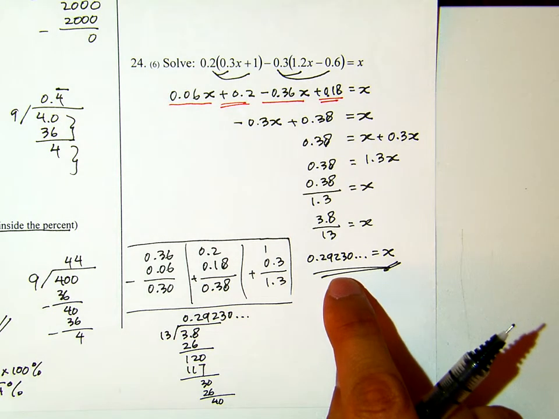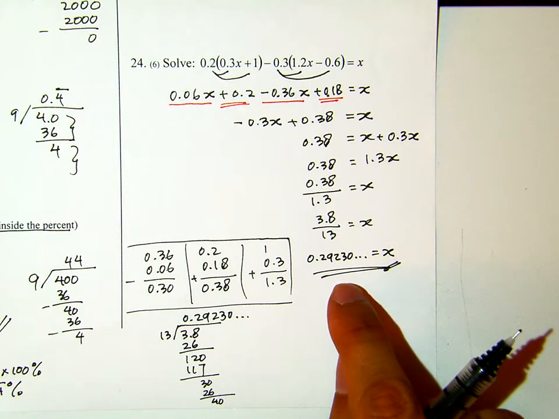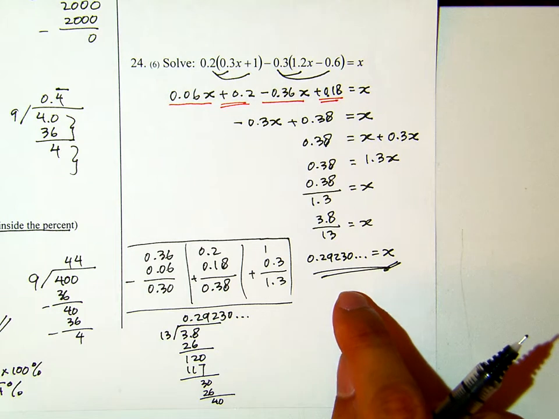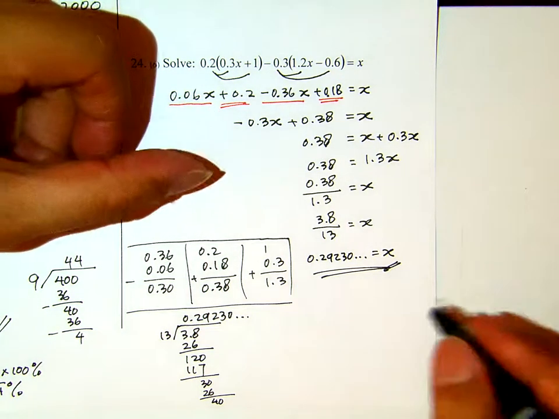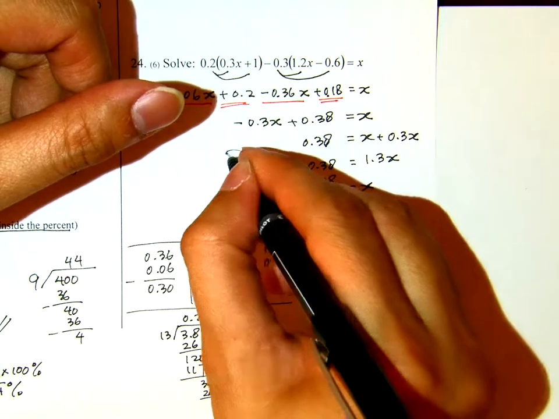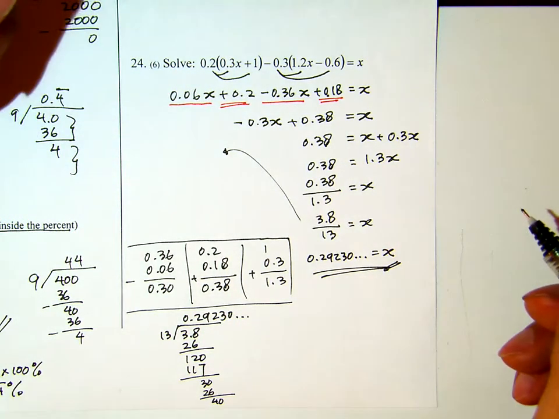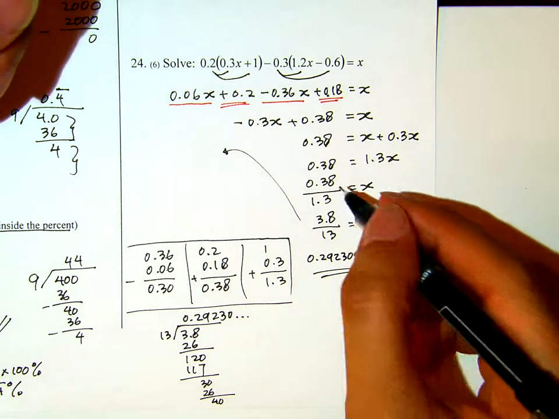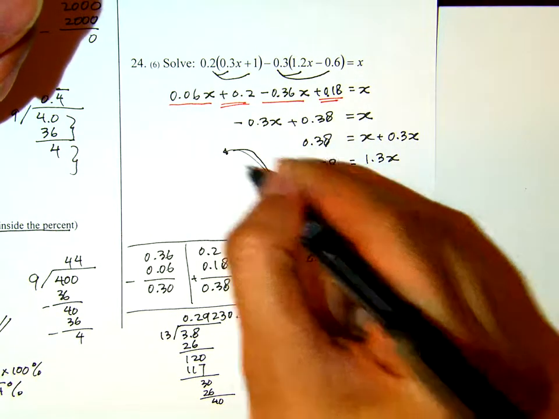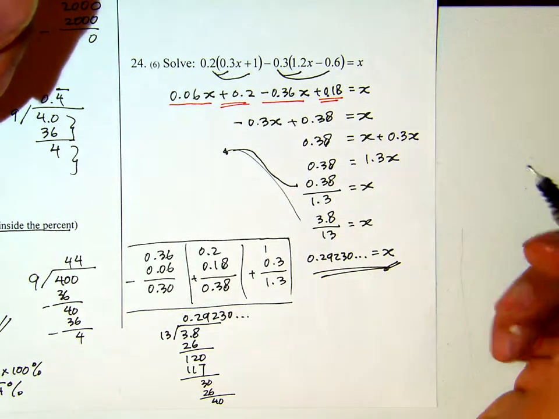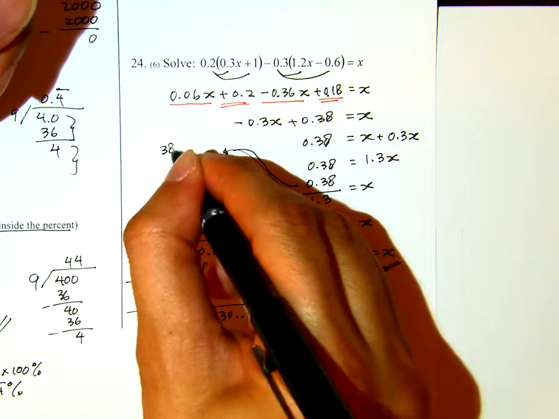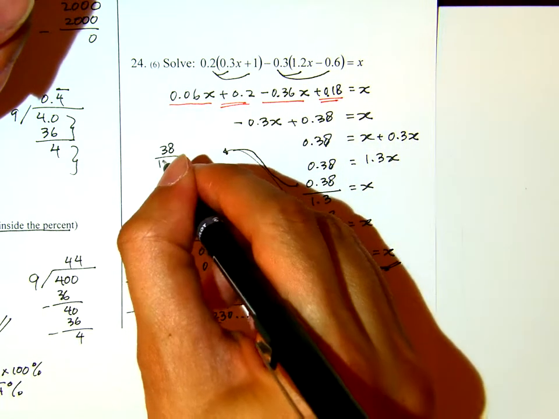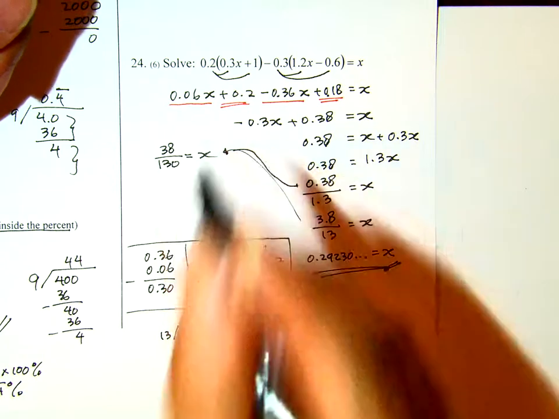Why don't we do the rounding? Why don't I tell you to do rounding and so on? That's because I want you to use your intuition. What is the appropriate answer? However, let me show it another way. If you solve this using fractions, you push the decimal point twice to the right and get 38 over 130 equals x.